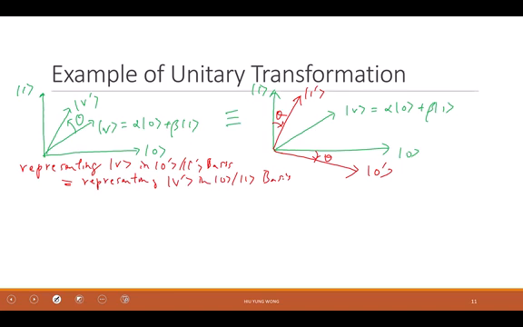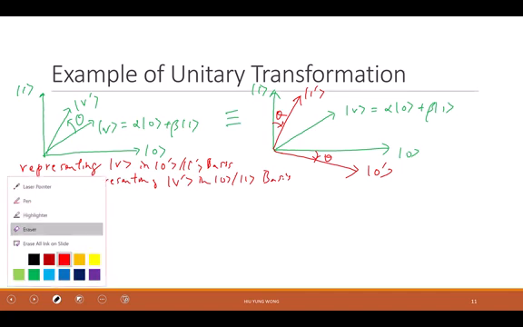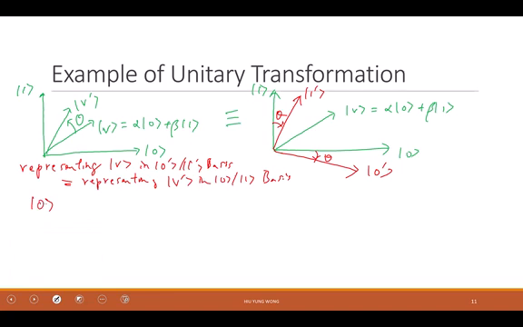So then we have, let me see if I have more slides, not this one. Then we have, what is 0, right? The 0 can be represented in the new coordinate system by cosine theta 0 dash plus sine theta 1 dash. Now this one you need to try yourself if you forgot this. But this is not that difficult, right?